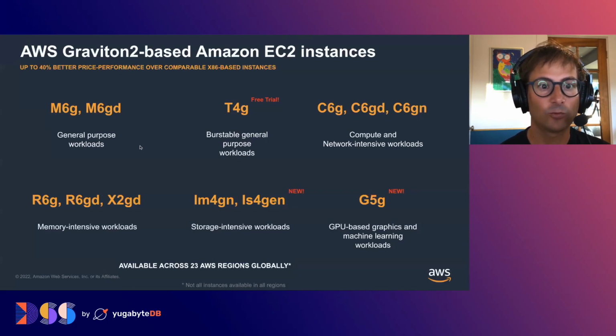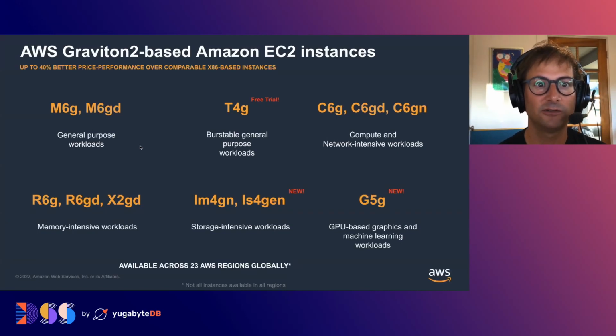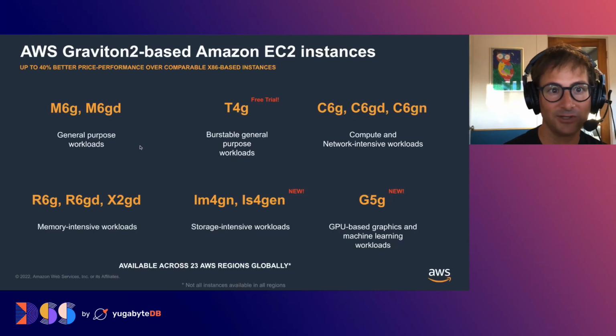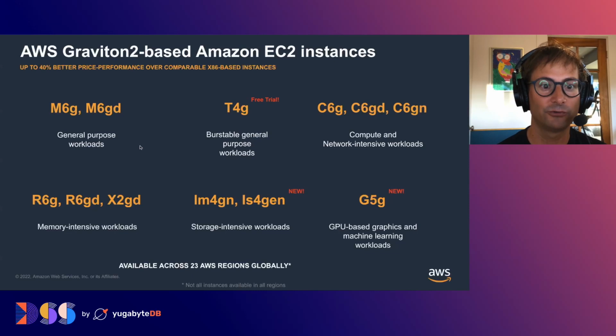We have our T4G class, which is the burstable type of instances, so the equivalent with a Graviton processor to what you were potentially used to use with our T3 or T3A instances. And we've recently introduced IM4GN and IS4GEN, and here I'm totally sorry about the name, but I'm not sorry about the storage performance of those storage-specific instances.